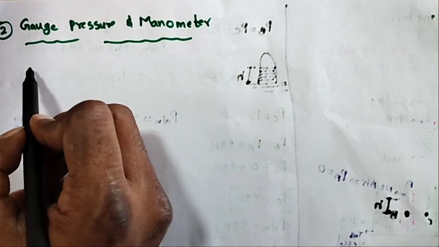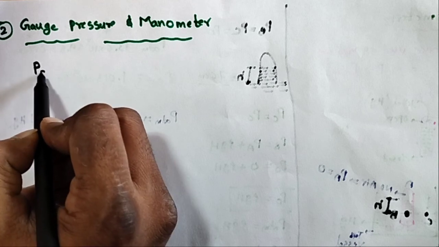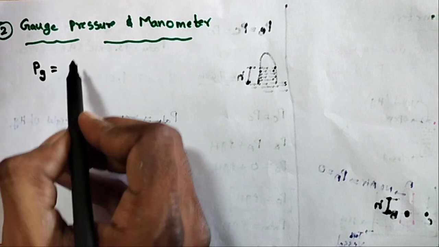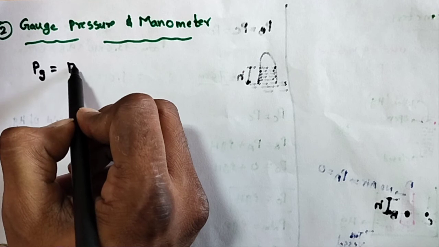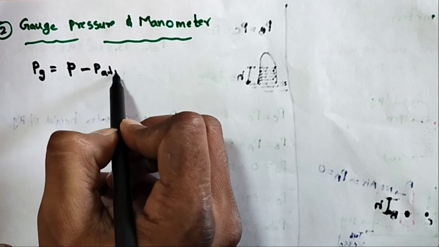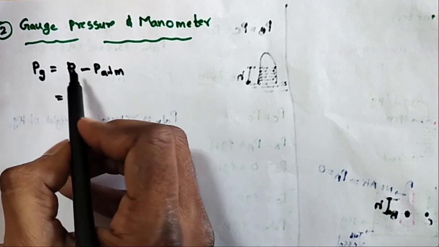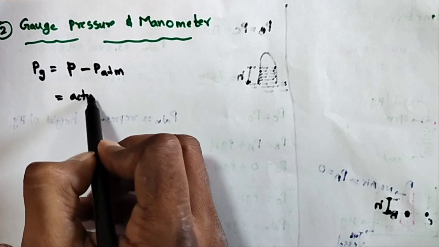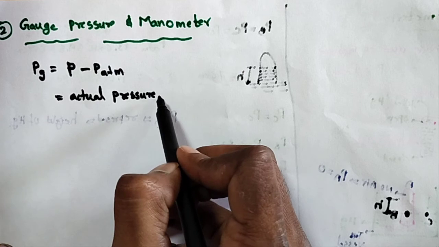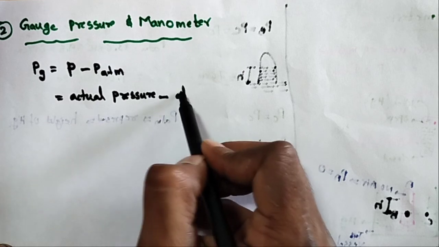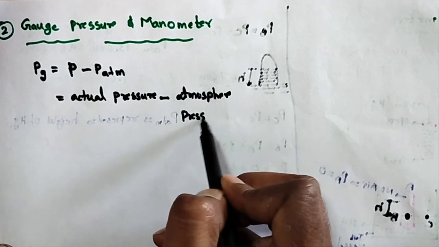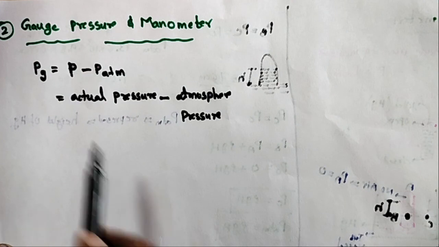So we know that gauge pressure P G is equal to the pressure difference between P, the actual pressure, minus P atm, the atmosphere pressure. So what is the difference? The difference between the actual pressure or hydrostatic pressure and the atmosphere pressure is called gauge pressure.